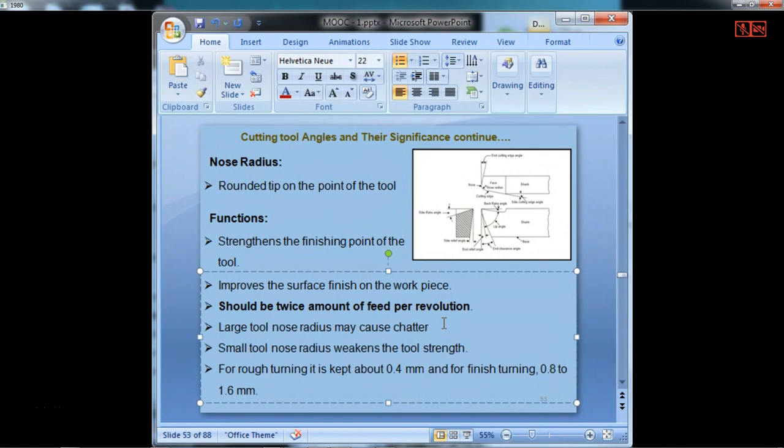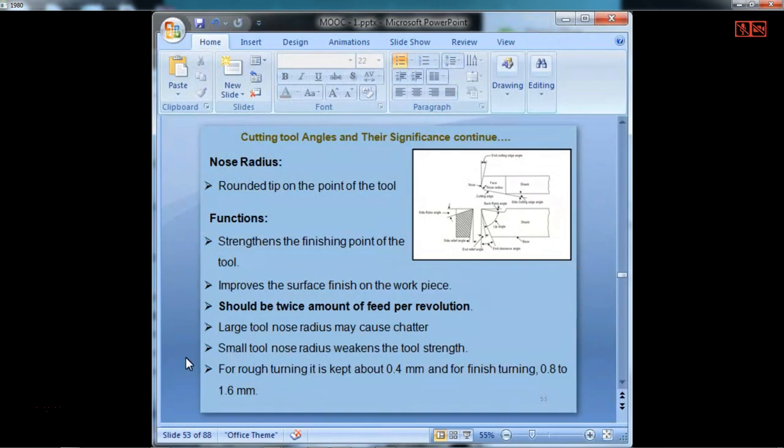When you look at the chips and also at the workpiece, you can know how the machining process took place. If chatter is caused, then you find chatter marks on the workpiece, which is not good. So if the nose radius is large or the tool has become blunt, then the chatter will be there.